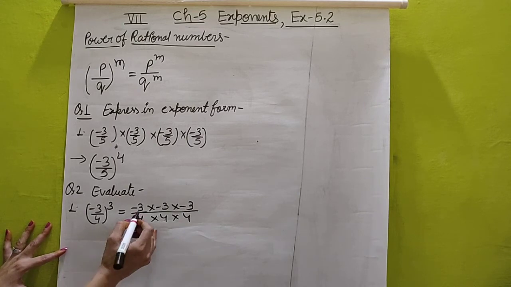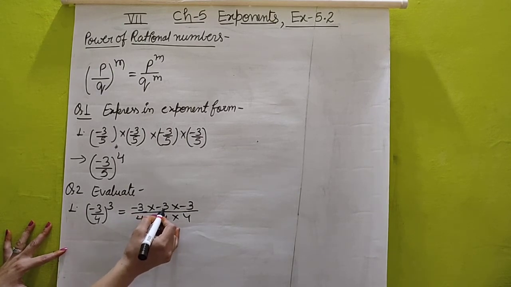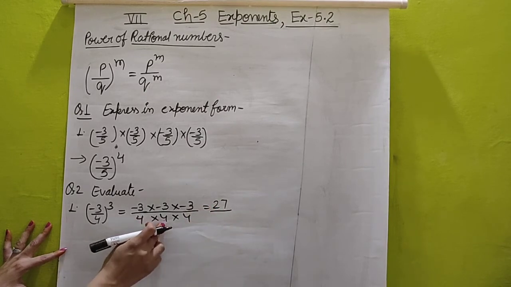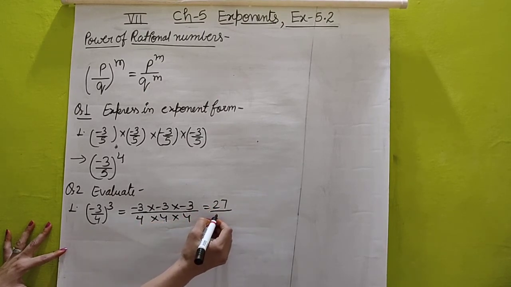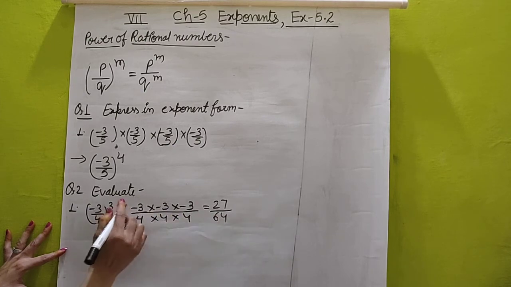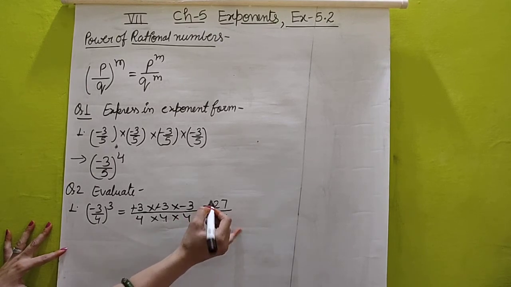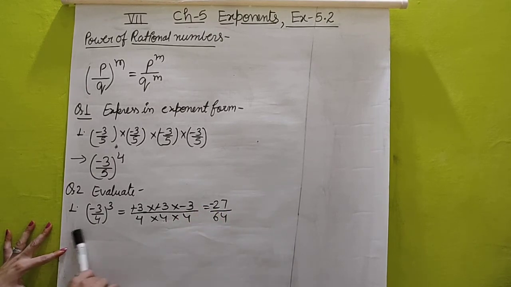Now students, 3 multiply 3 then 9, 9 multiply 3 it will be 27, downside 4 4 is 16 and 16 4 is 64 and minus students, it will cancel out each other but one minus is remaining, so it will come with 27. So your answer will be minus 27 upon 64.